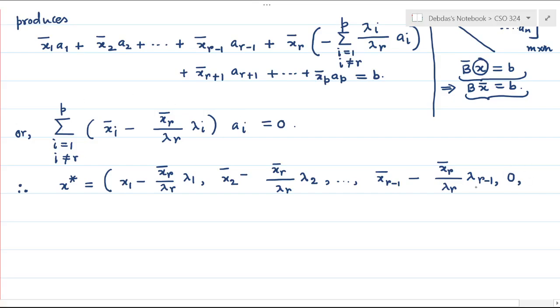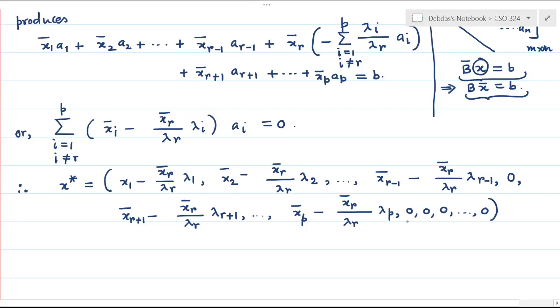Then you take x_{r+1} bar minus x_r bar divided by lambda_r into lambda_{r+1}, and so on. Then the last component, the pth component, is x_p bar minus x_r bar divided by lambda_r into lambda_p, then the rest of the components as they were in x bar.